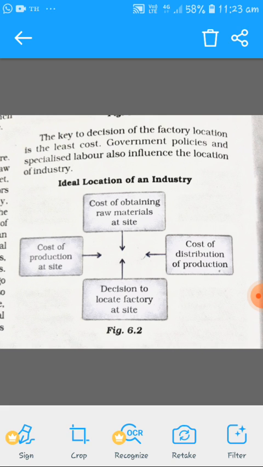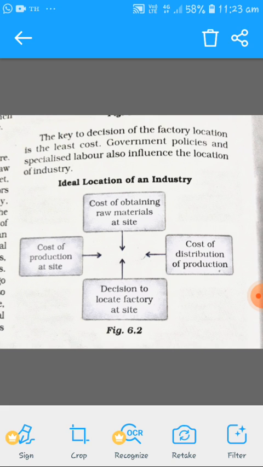There are also other factors, such as government policies and specialized labor. In order to maintain regional balance, the government makes policies: if you set up an industry in this particular area, you would be incentivized, meaning you don't have to pay some taxes for certain years.